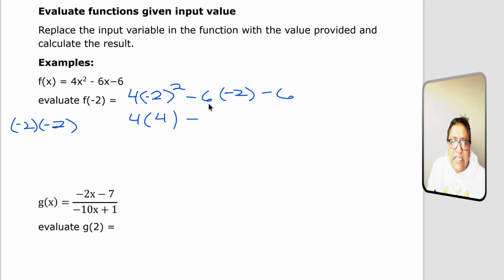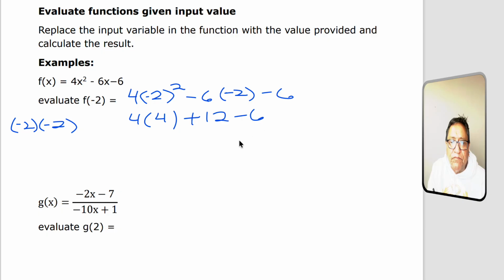Minus 6 times negative 2 will be negative 12 minus 6. Now, this negative and negative becomes positive, correct? But you can also use this minus sign as a negative for 6. So negative 6 times negative 2 will be positive 12, which is the same thing.